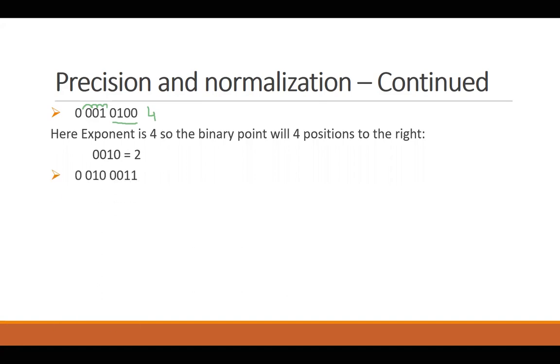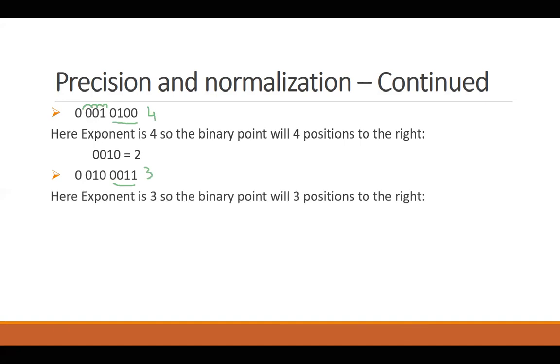For the second row of my table from the previous slide, the exponent over here is 3, which means I have to make 3 shifts. Remember from yesterday's lecture, exponent is only telling us where the binary point is going to be. So when I do the 3 shifts, 1, 2, and 3, I would have 010, which is again 2.